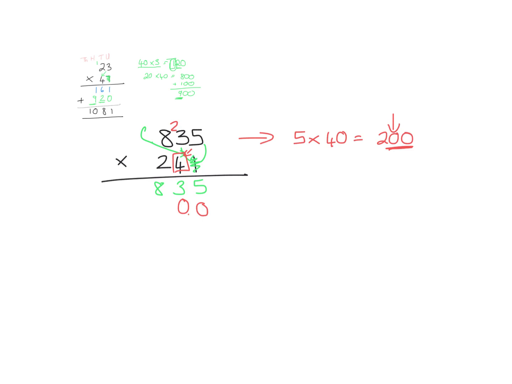and when we go to the next digit, so 3 times 4, which is in fact 30 times 40, that is 1200, but we have that 200 carrying over, so it's plus 200, and therefore it's 1400.